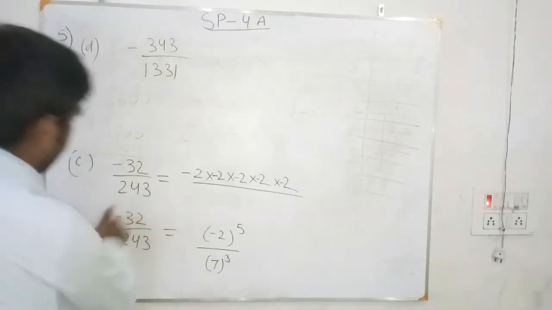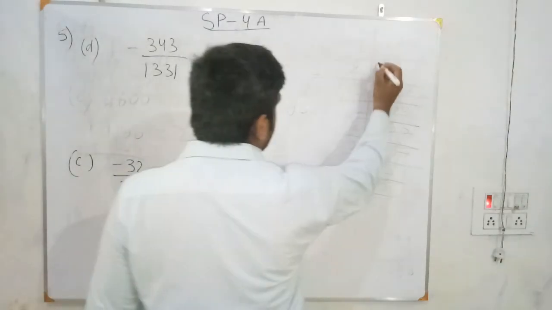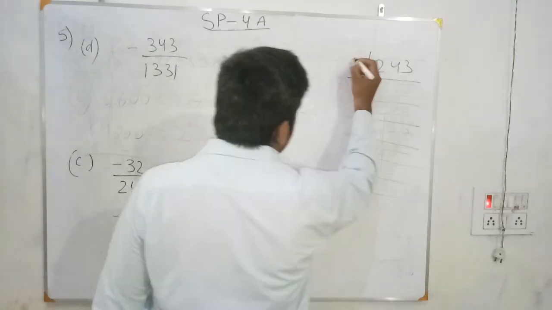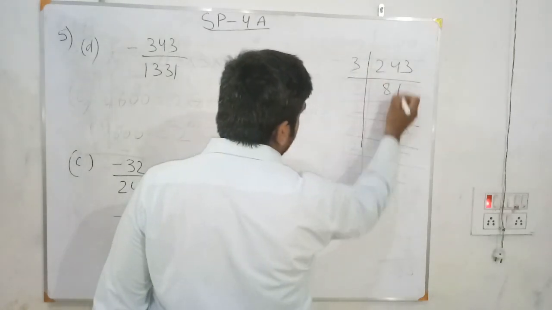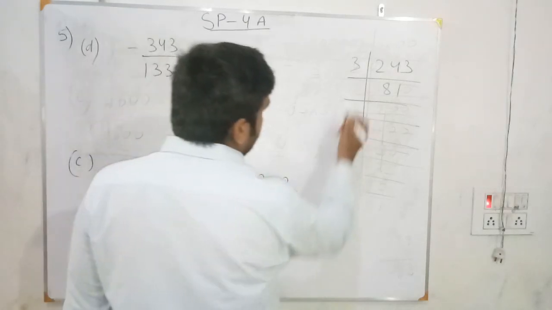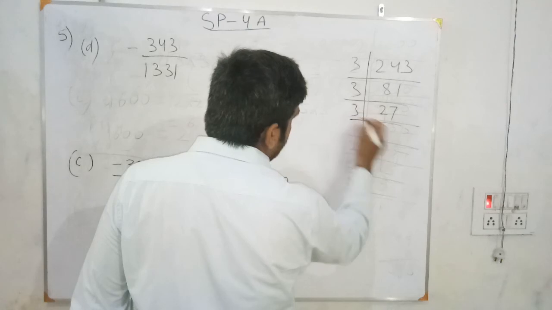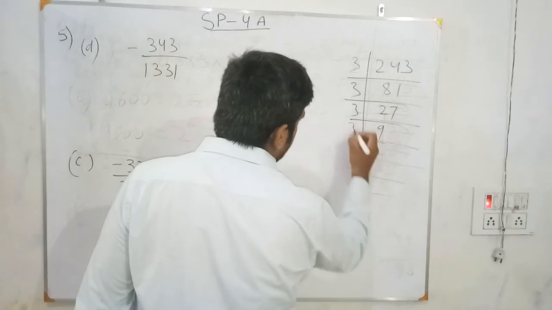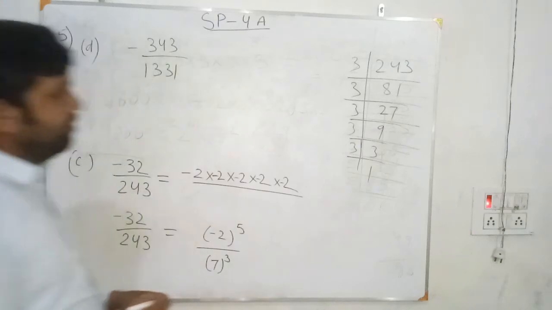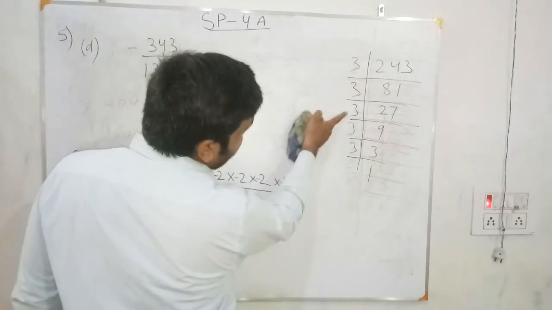So 243, this is divisible by 3. See, the factors of 243: 3 8s are 24, 3 1s are, that is 3 to the power 5 it will be. 3 27s, 3 9s, 3 3s, and 3 1s. So this will give 3 to the power 5. How many times? 1 2 3 4 5.